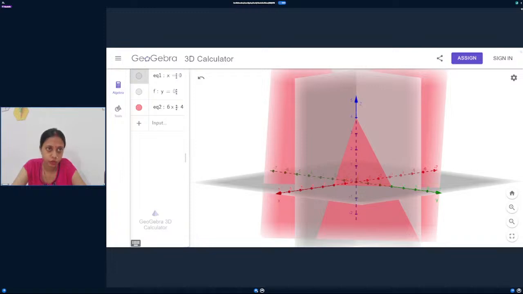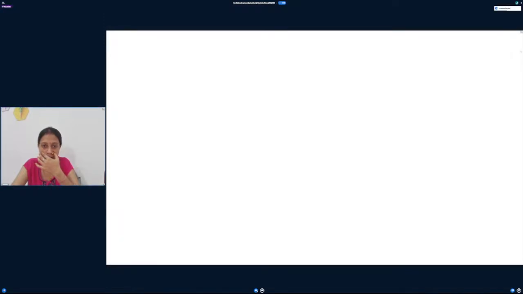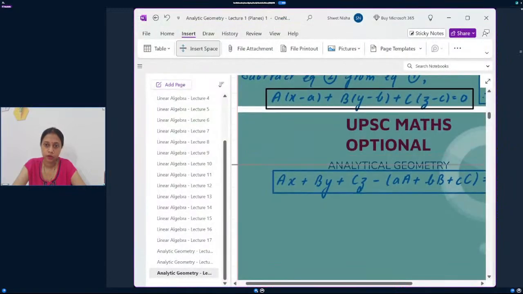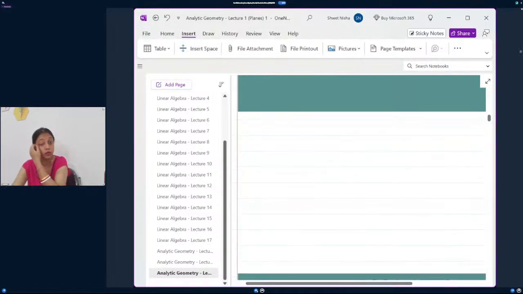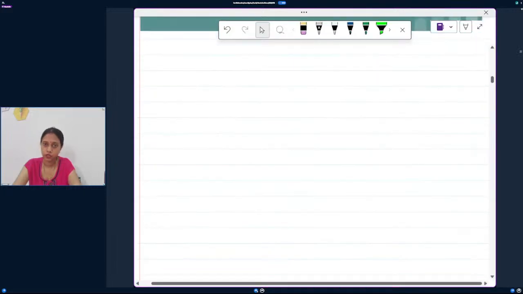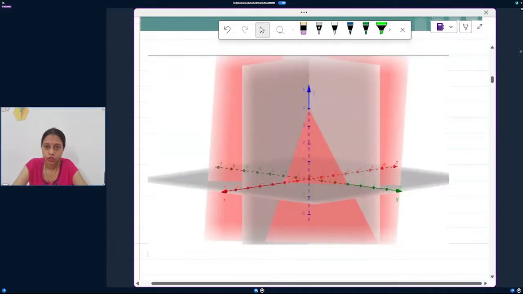Because I cannot write anything over here, so let me bring you back to the diagram.